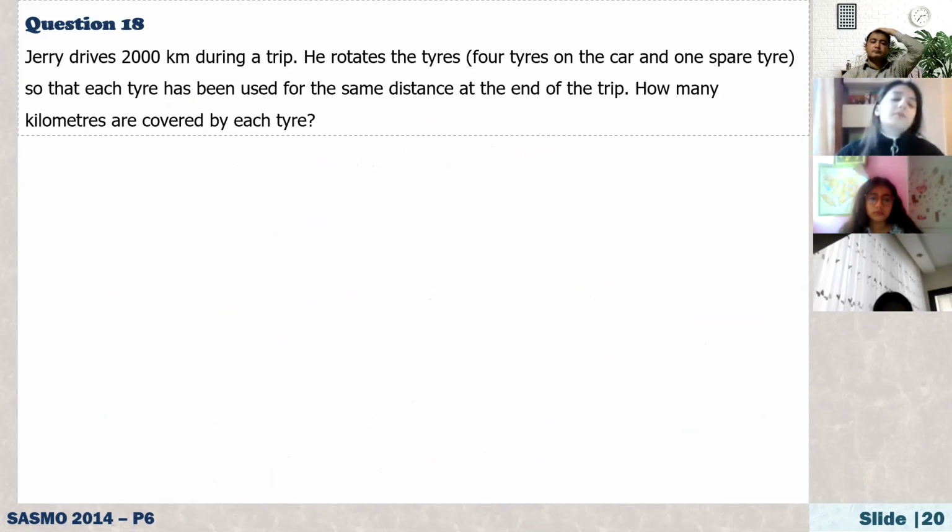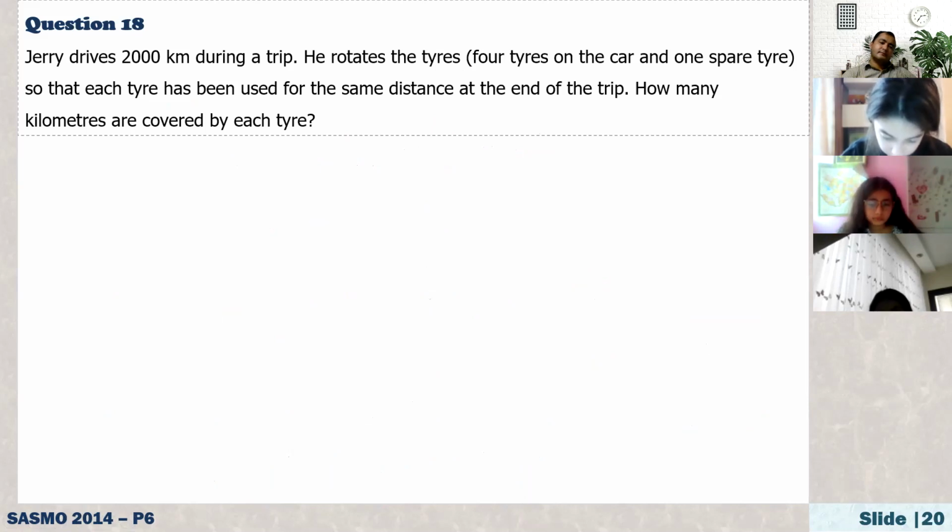Jerry drives 2,000 kilometers during a trip. He rotates the tires, four tires on the car and one spare tire, so that each tire has been used for the same distance at the end of the trip.